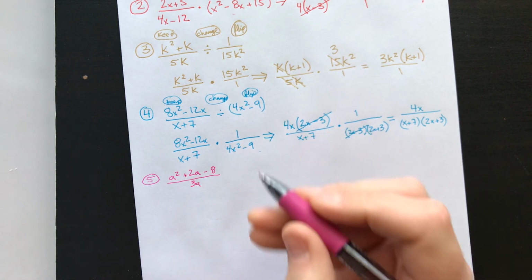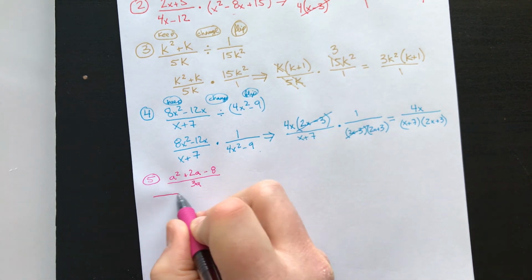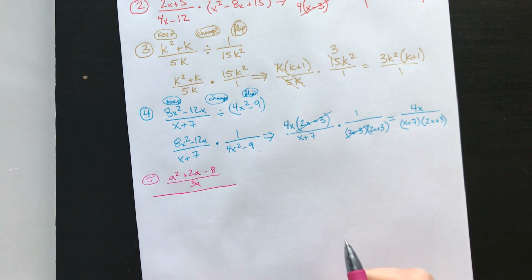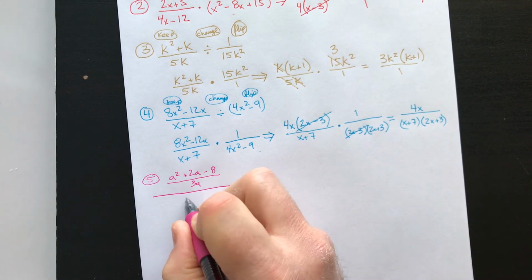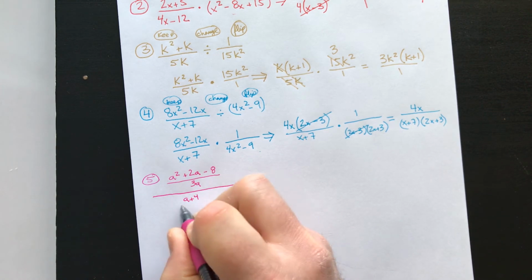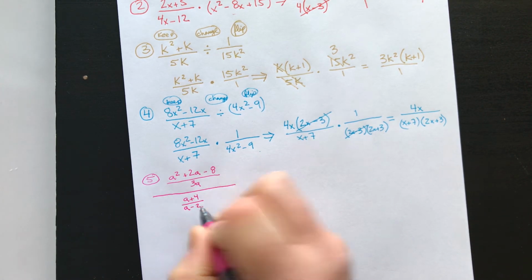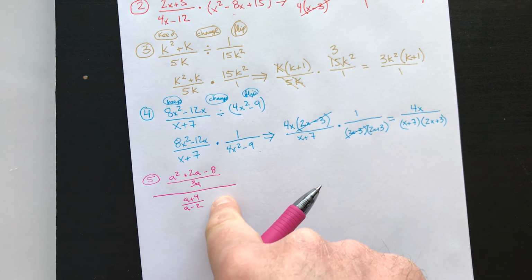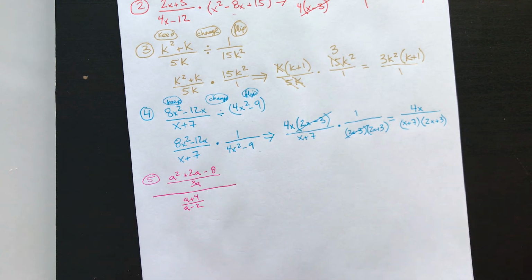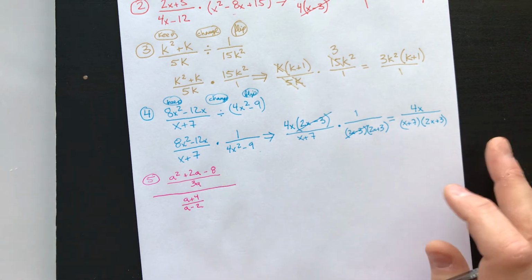And then you can see there's like a longer division line. a plus 4 over a minus 2. This is just a complex division, all right? And it's like a complex fraction.